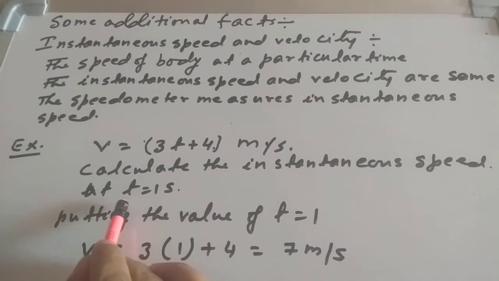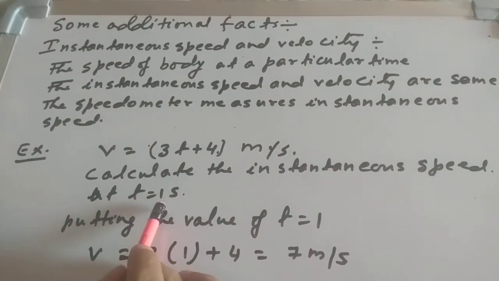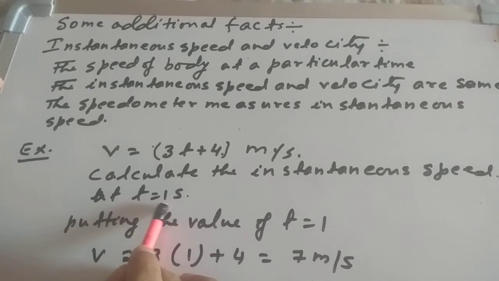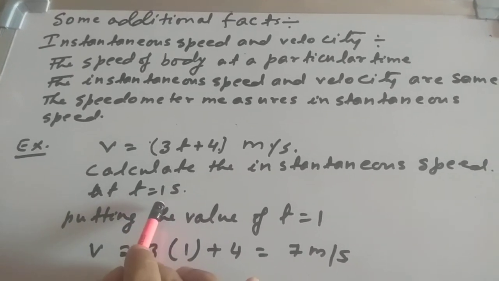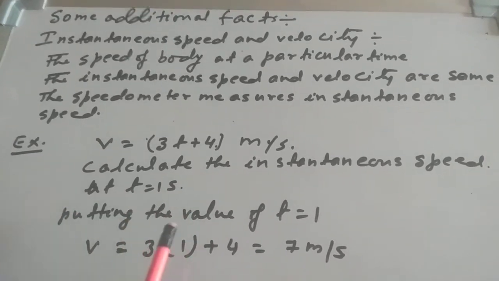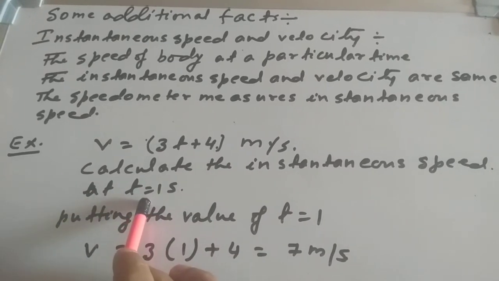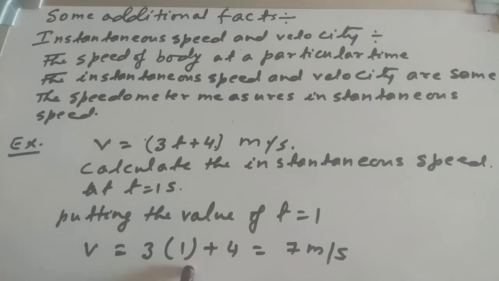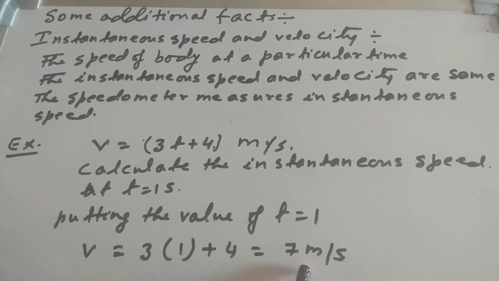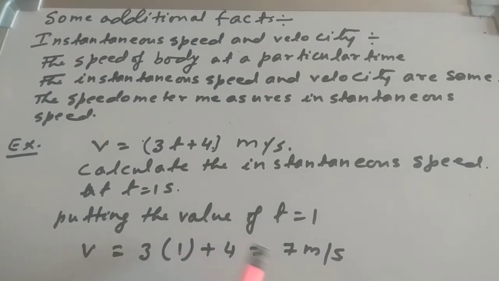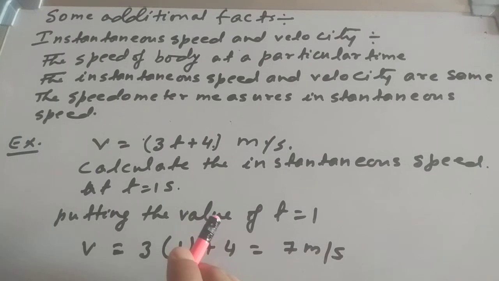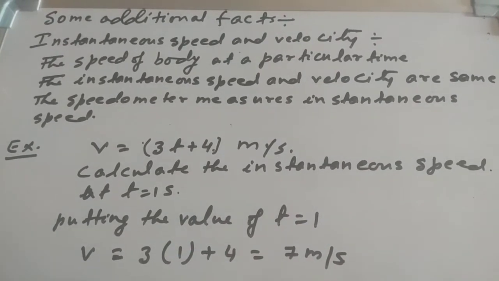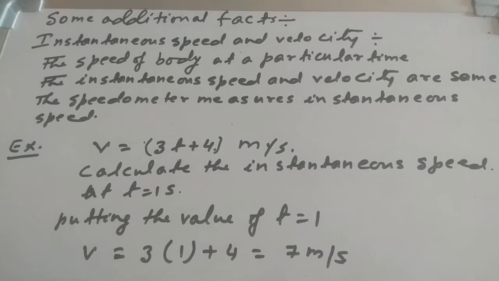You have to calculate at a particular time, and this speed is known as instantaneous speed. So I put the value of t equal to 1 second here. So v is equal to 3 into 1 plus 4, that is 7 meter per second. Therefore the instantaneous speed or velocity is the speed or velocity of the body at a particular time.